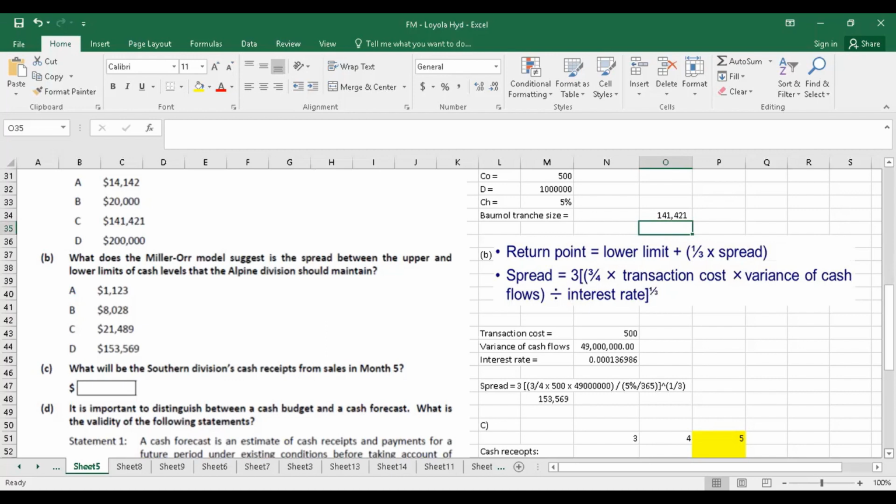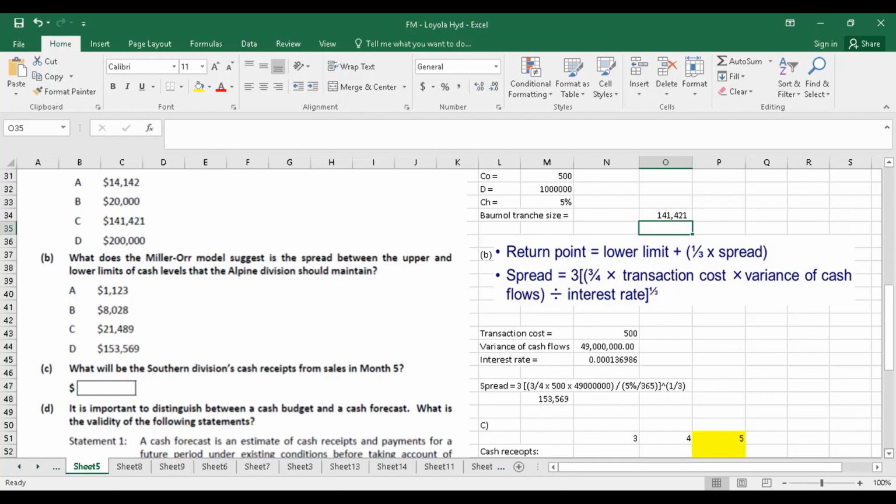On an average, the return point is the value which has to be calculated. But the return point is given as the lower limit plus 1/3 of the spread. But what is spread? There's a big formula there. So let's find out what the details are.